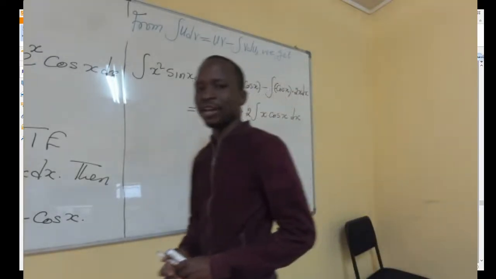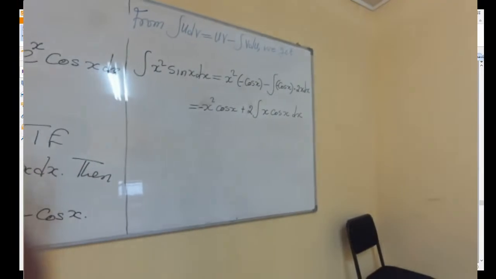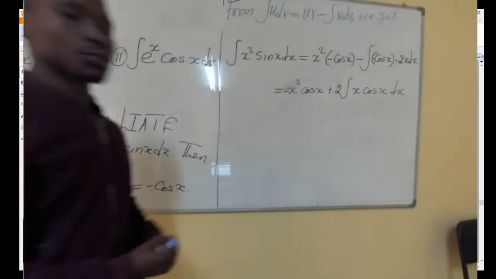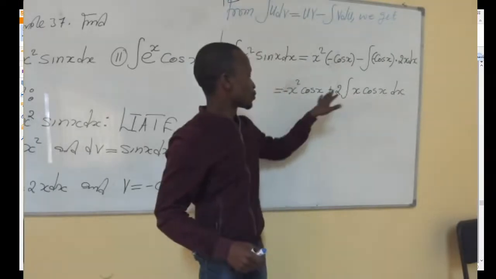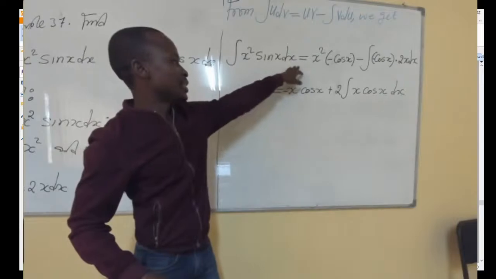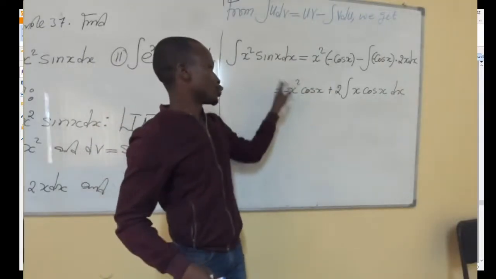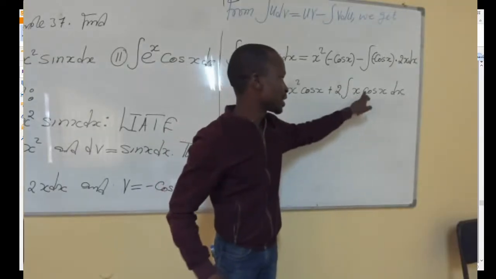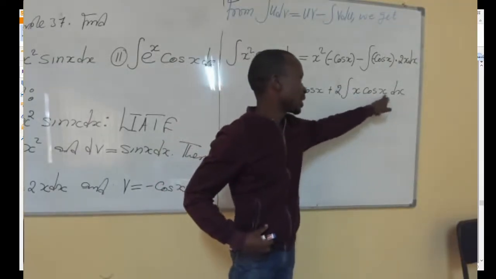Now the question is, have we arrived at our answer? No, we have not yet arrived at our answer. So what are we supposed to do? We are supposed to integrate again by parts. We are saying the integral of x squared sine x dx is equal to negative x squared cos x plus 2 times the integral of x multiplied by cos x dx.